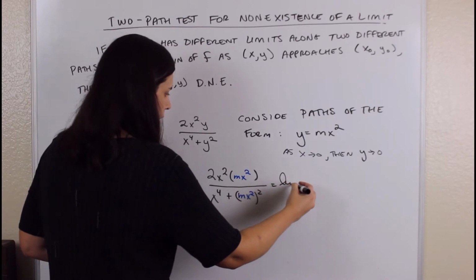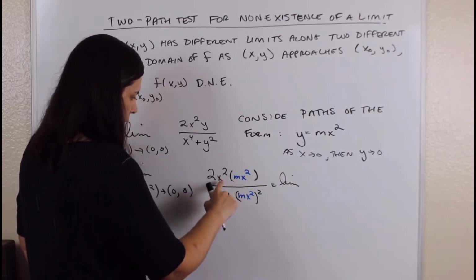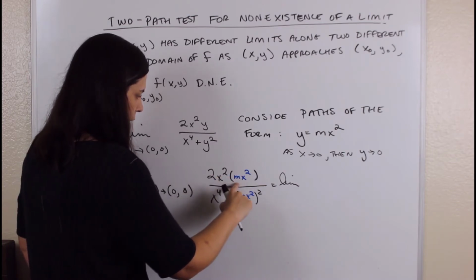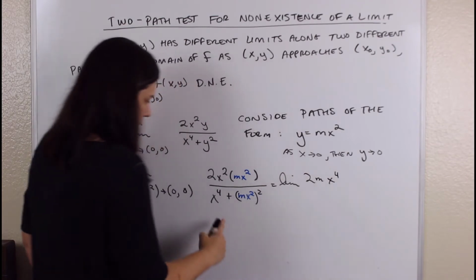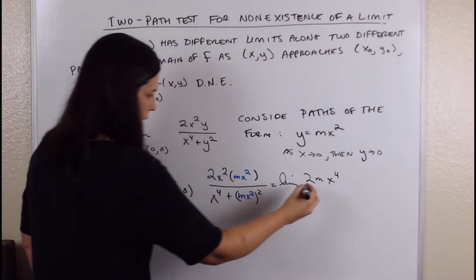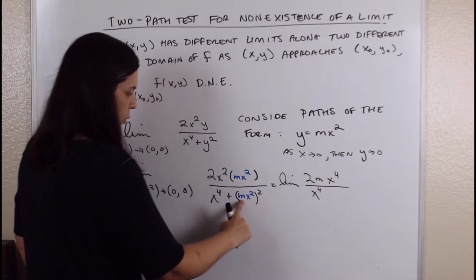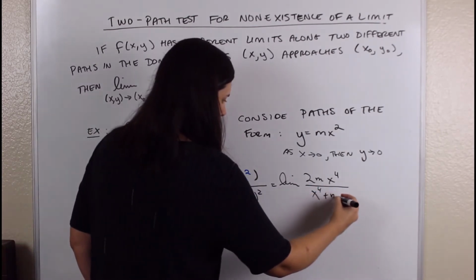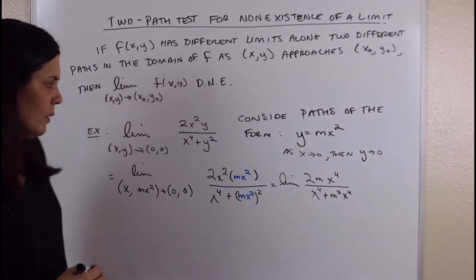So my limit, I'm just going to leave off these points for a second. My limit on top, my function becomes 2 times m, x to the fourth. And then on bottom, x to the fourth still, plus m squared x to the fourth. And then we can simplify some things.